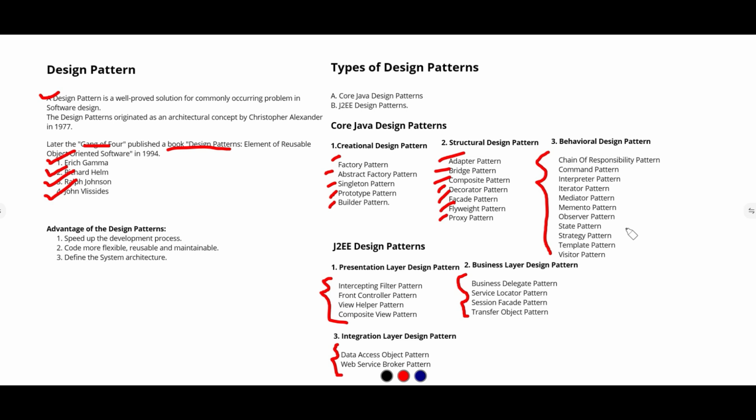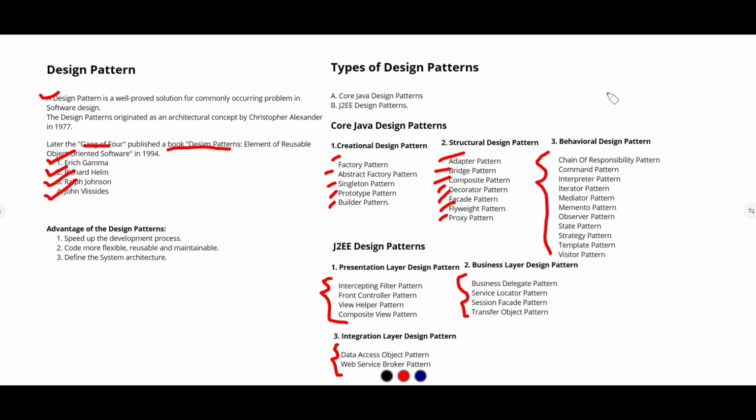So as the design patterns are the well-proven solution, we can say it will speed up the development process. We don't need to think about the problems when we design or implement the software, because the design pattern is already giving us the well-proven solution. The second one is that it makes the code more flexible, reusable, and maintainable.